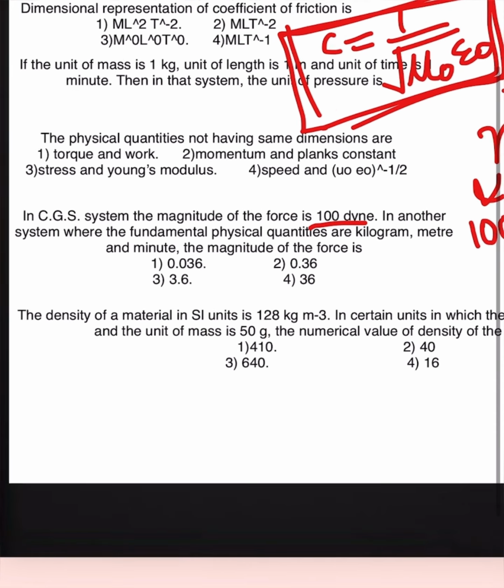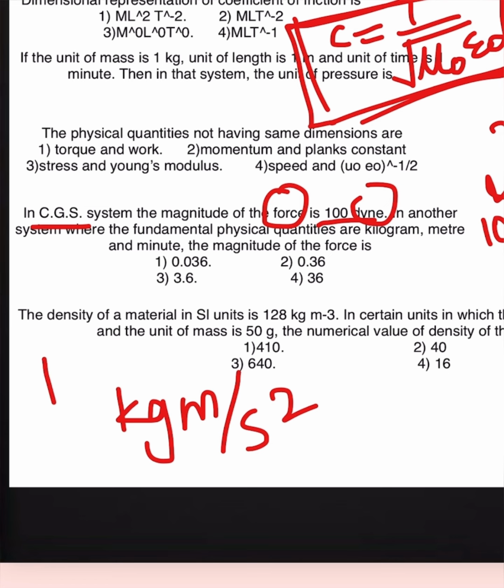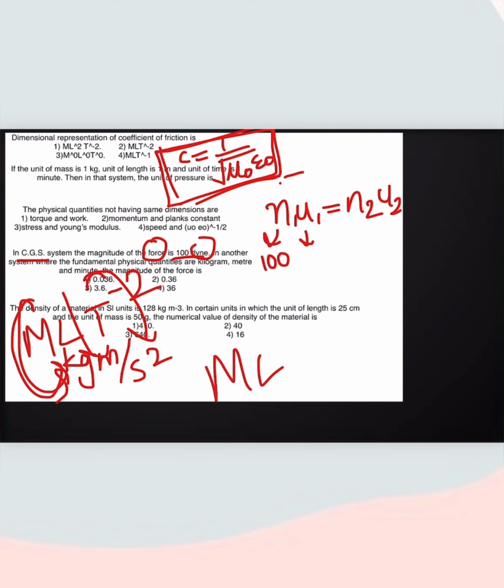Dyne is the CGS unit. CGS means centimeter gram second. Force has the dimension M L T raised to minus 2, where M is kilogram, L is meter and T raised to minus 2 is per second square. In the CGS system, it can be represented as gram centimeter per second square.